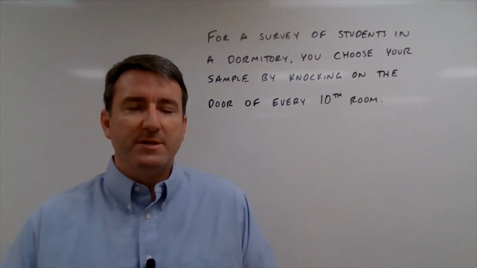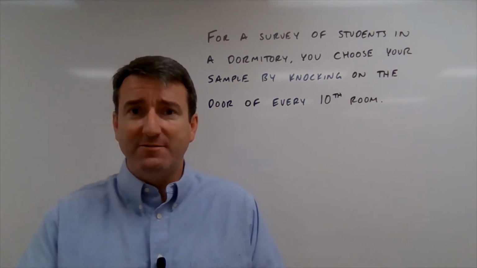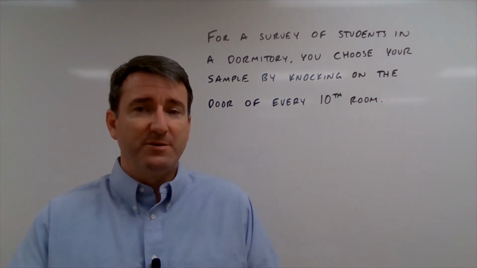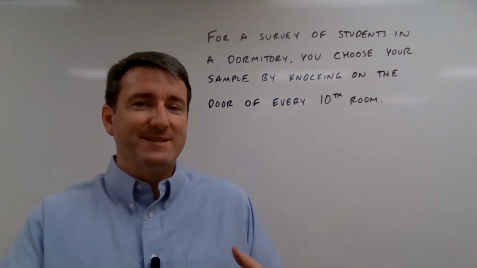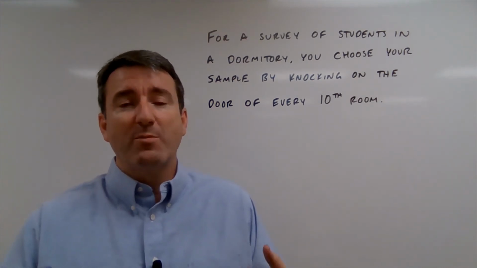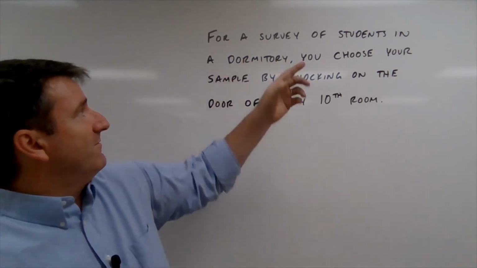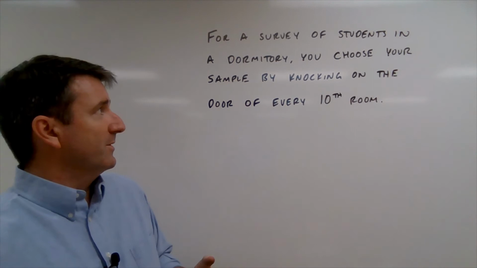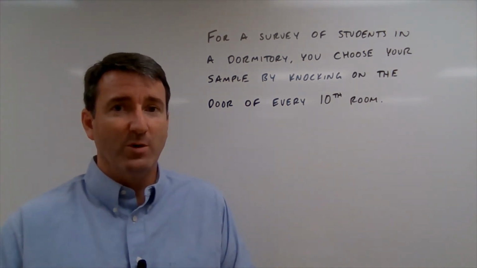For our examples, we're given a couple of scenarios, and we're asked to identify the sampling method used and also comment on whether or not the sampling method is likely to give us a representative sample. For this first example, we're told that for a survey of students in a dormitory, you choose your sample by knocking on the door of every 10th room.